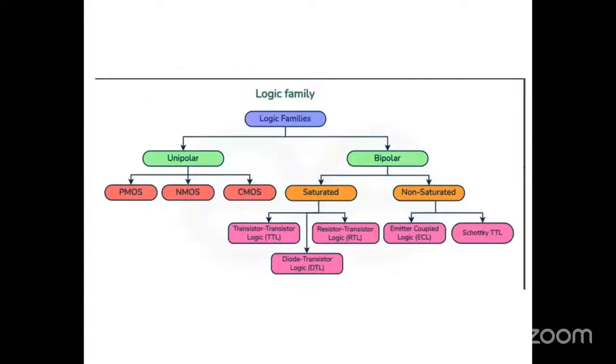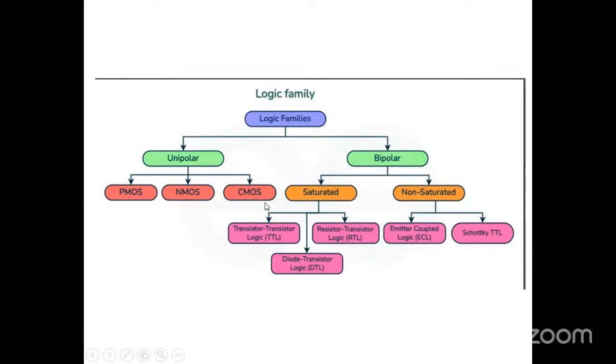Looking at the logic families, there are basically two types, unipolar and bipolar. In unipolar, there is MOS technology, metal oxide semiconductor technology, which is PMOS, a P-type metal oxide semiconductor, NMOS, an N-type metal oxide semiconductor, and CMOS, a complementary metal oxide semiconductor.